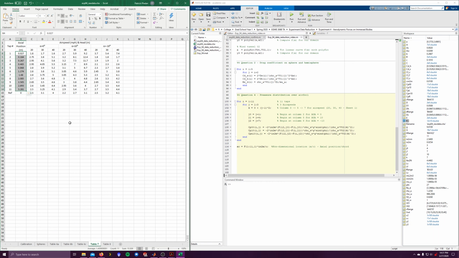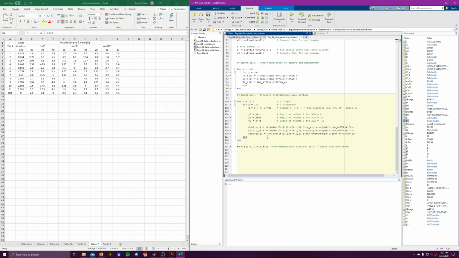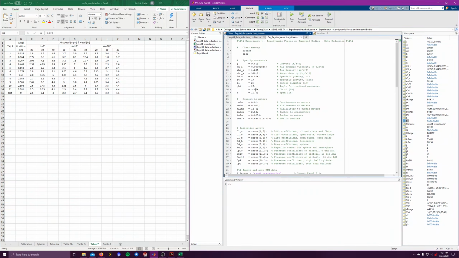So that'll be all of the rows in the first column, rows 1 to 11 in the first column from all of this that we imported. So we just want this stuff here. Then we're going to convert that to meters, and then we're going to divide it by our chord length that we've already defined up top here.